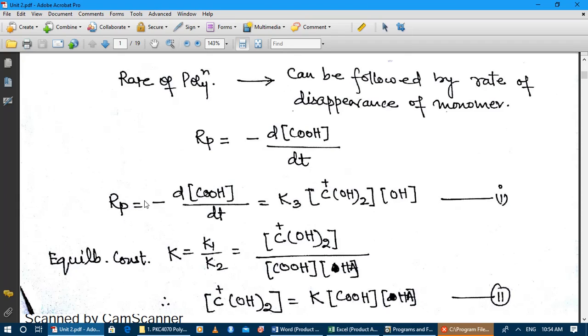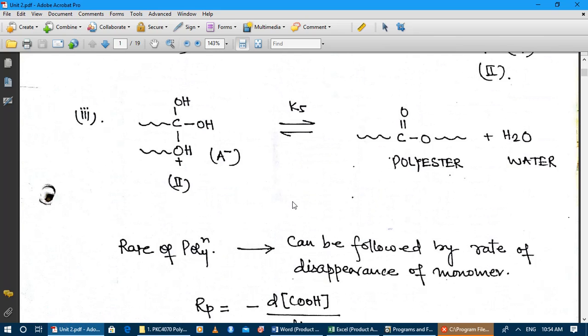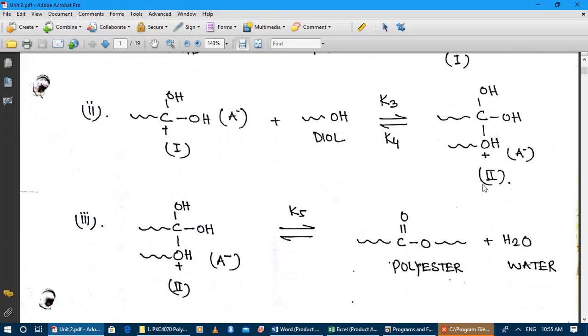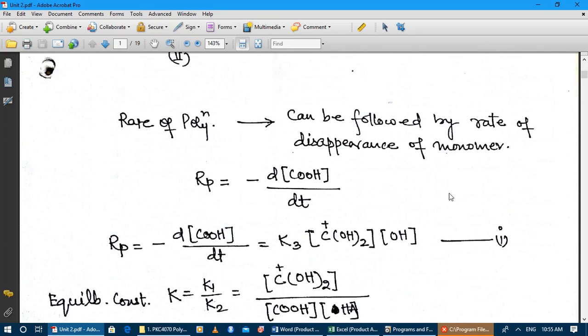Now the rate of polymerization is equal to K3, which is the forward rate constant when my diol is reacting with species 1 in step 2 and forming species 2.